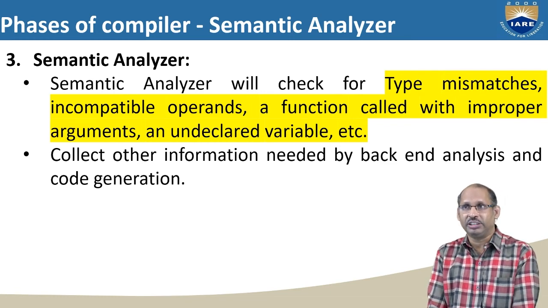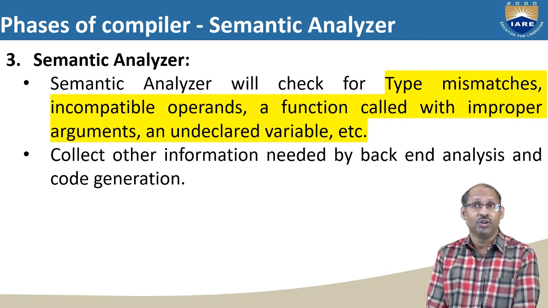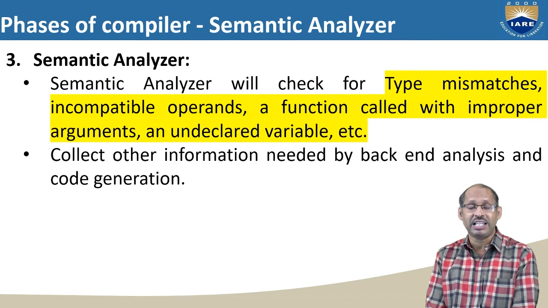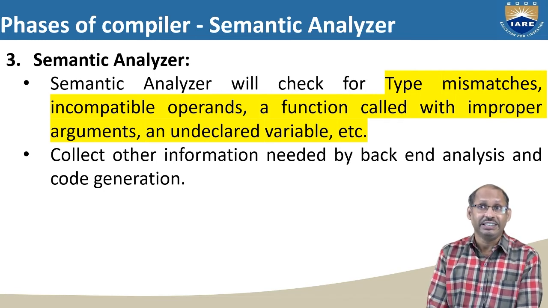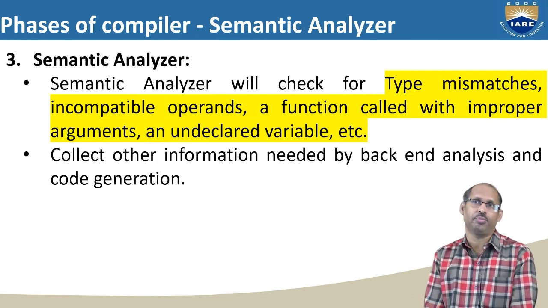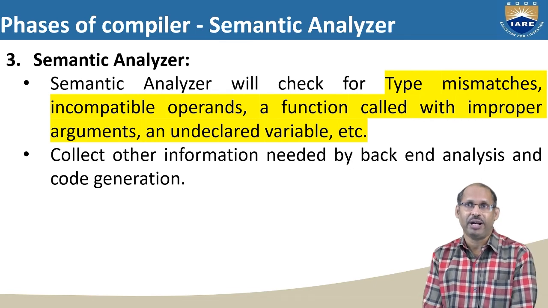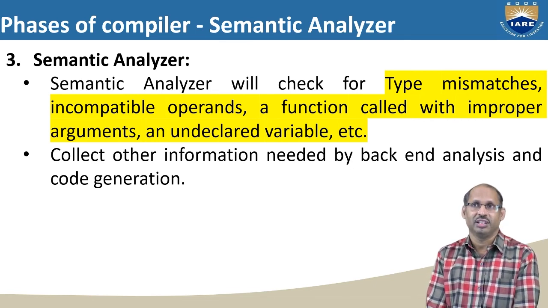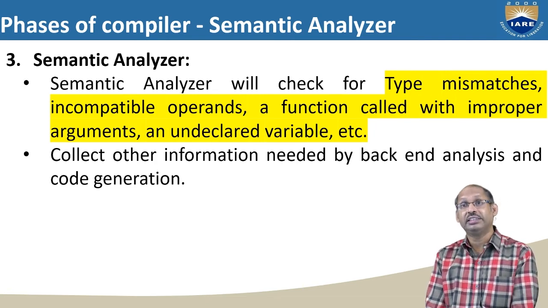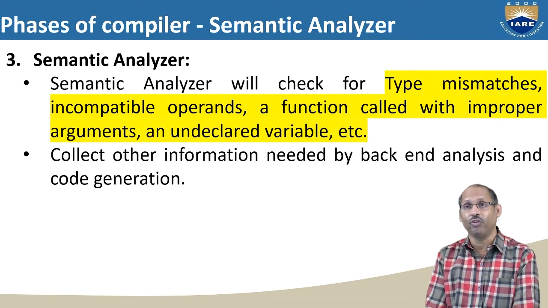So type mismatch. If we are saying int assignment float value, the assignment operator is associated with an integer operand and a float operand. So those are incompatible. So it will perform the internal conversion, converting the integer to float type. Then it will perform the float assignment, right?